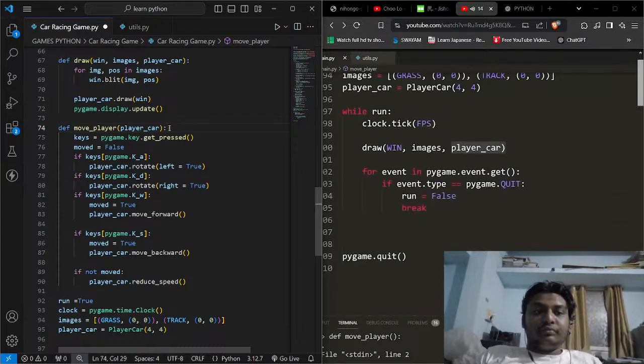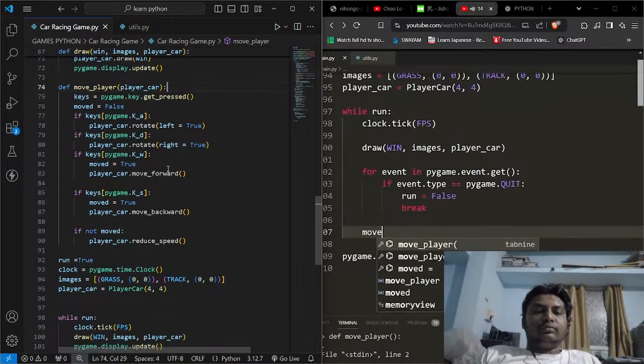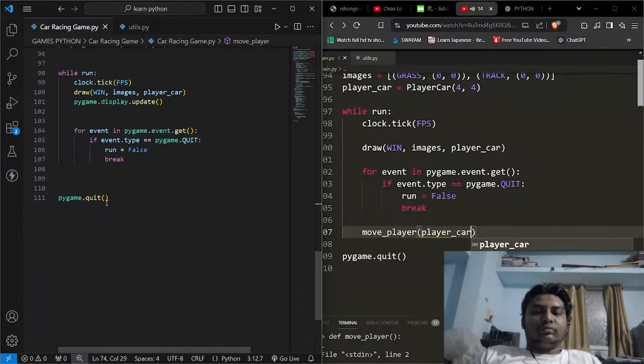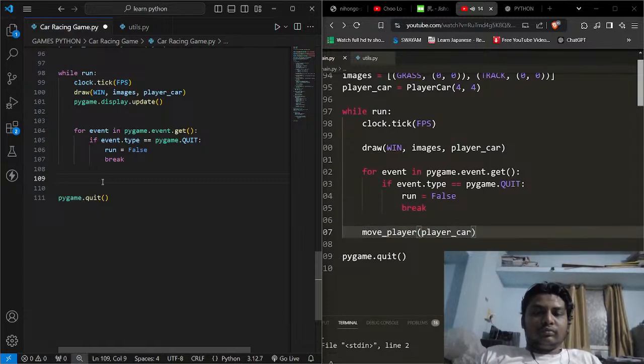Okay, so again, just trying to clean this up. So now inside of here, I'm going to say move_player, and I'm going to pass my player car, and this will handle all of the movement. Let me just get rid of that. Let's run this.